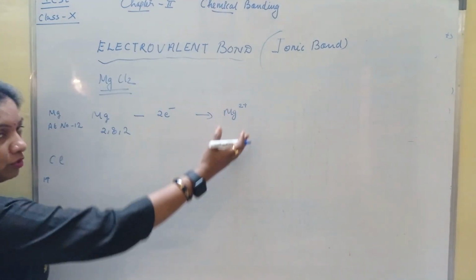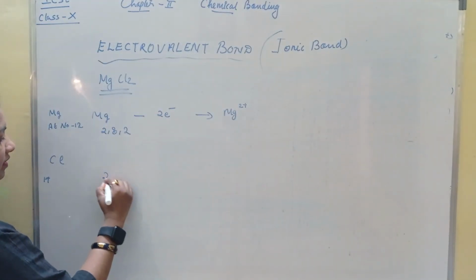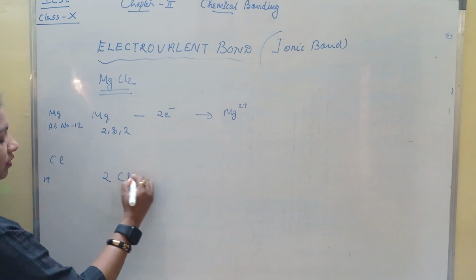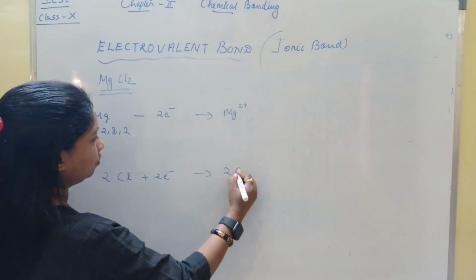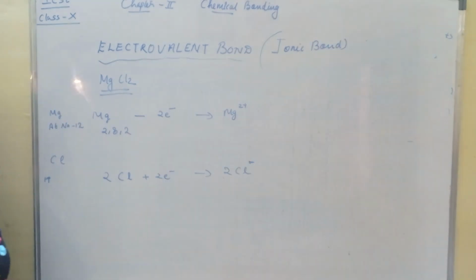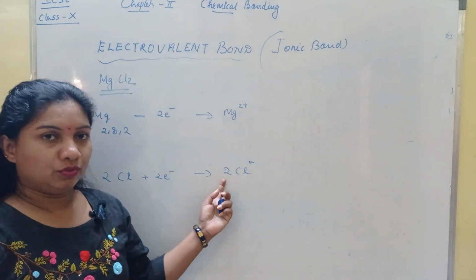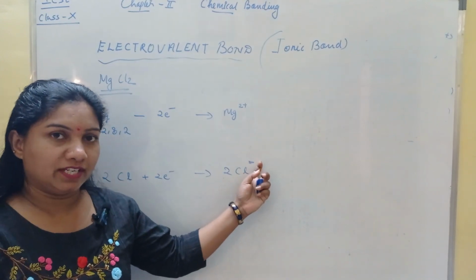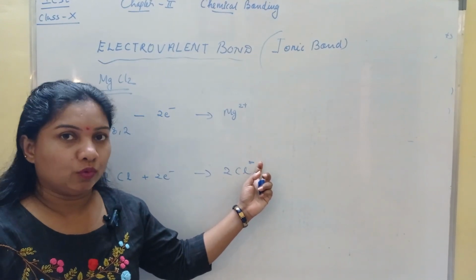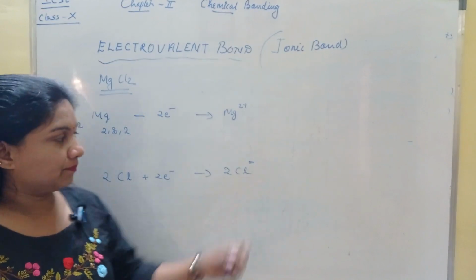Chlorine, so 2 electron donate कर रहा है तो 2 chlorine will be present here. 2 chlorine accepted this 2 electron and forms 2 Cl minus. This 2 shows that 2 chlorine are present, and this minus shows that 1 electron is accepted by both the chlorine atoms.